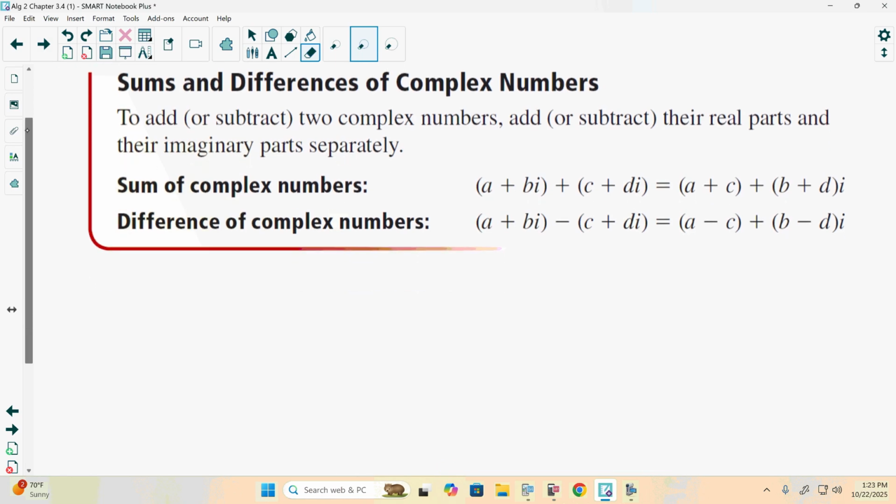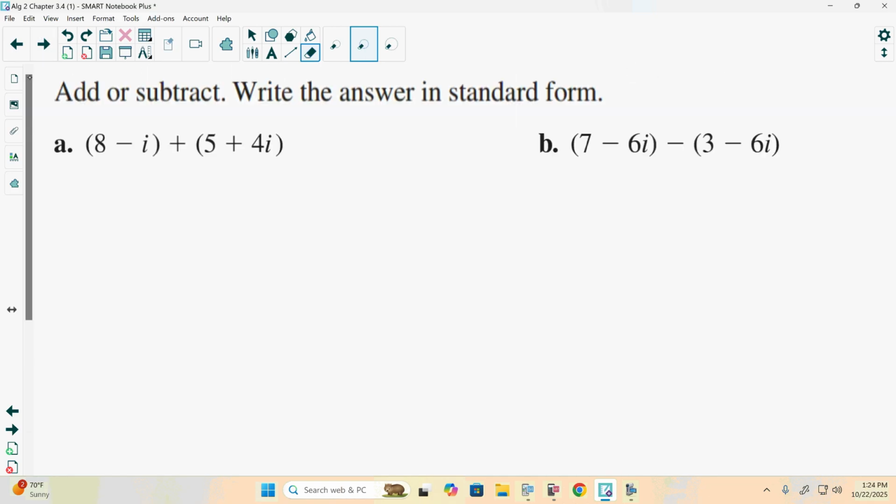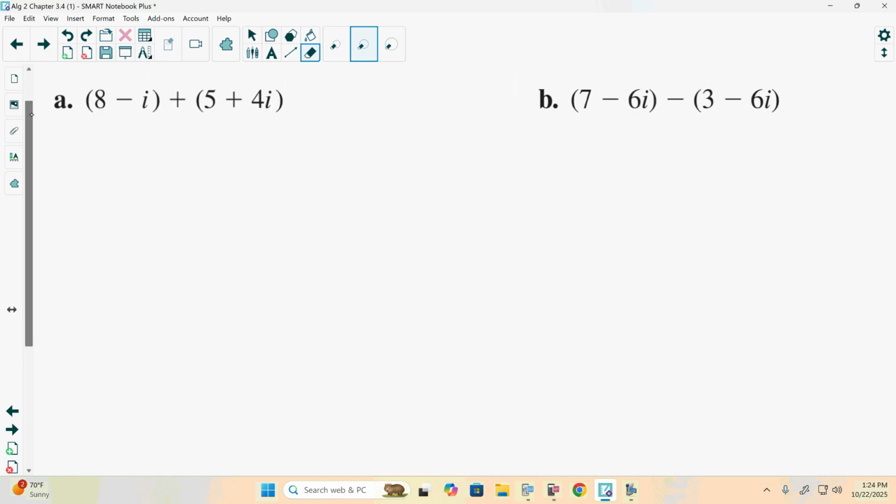Sum and difference of complex numbers. To add or subtract two complex numbers, you add and subtract the corresponding parts. A complex number comes in the form a plus bi, where a is the real part and bi is the imaginary part. So when we look at the first one here, (8 minus i) plus (5 plus 4i).